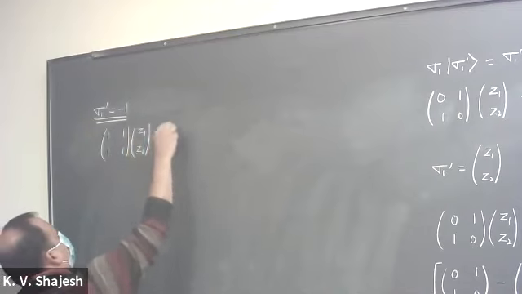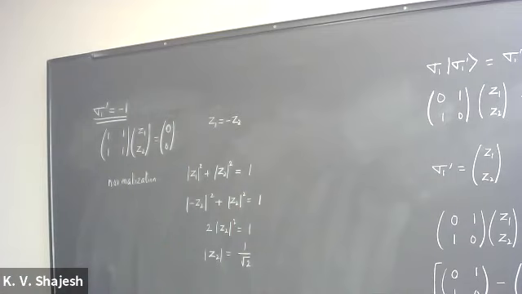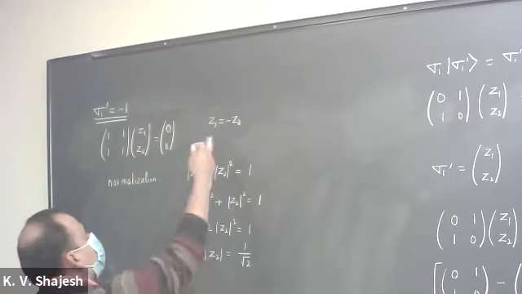That's 2 times Z2 squared equal to 1, so the magnitude of Z2 is 1 over root 2. The magnitude of Z1 is also 1 over root 2.